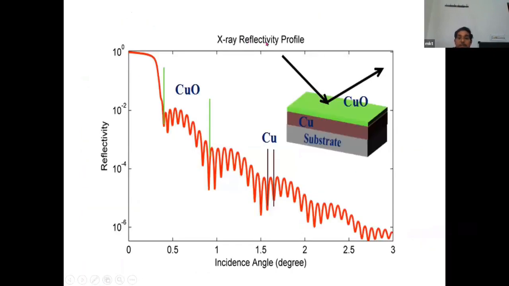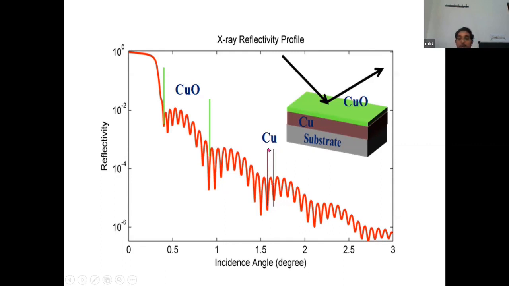So, for example, this is the reflectivity profile. It's a simulated reflectivity profile of copper oxide and copper. You see copper oxide on top of copper and the substrate. There are several oscillations here. If the thickness of the copper is slightly high, then you get small oscillations.